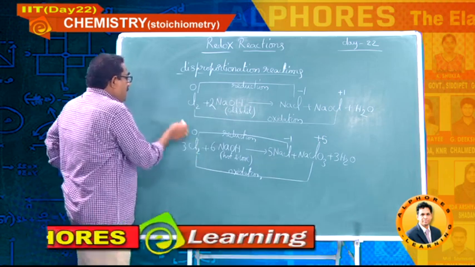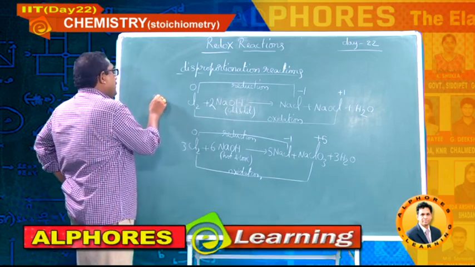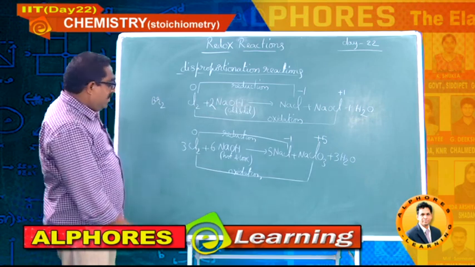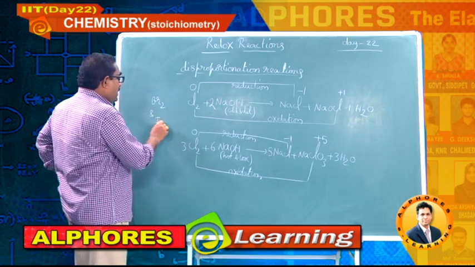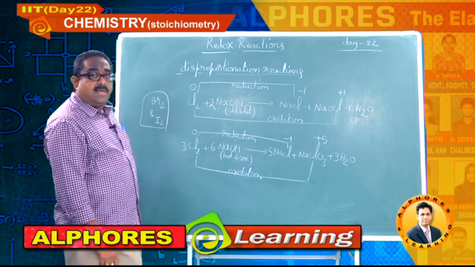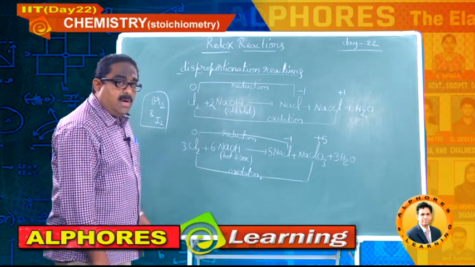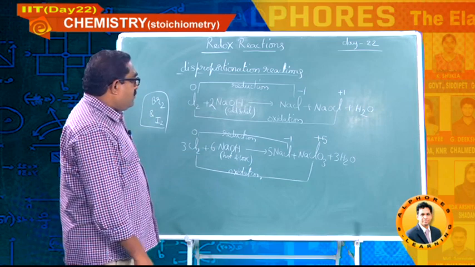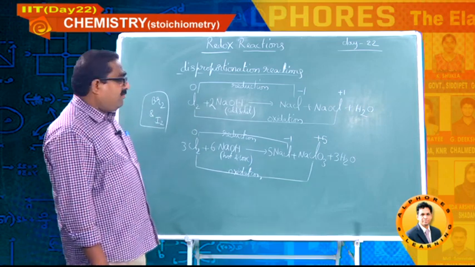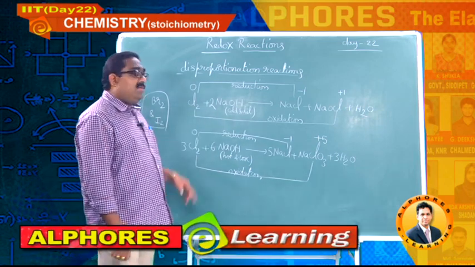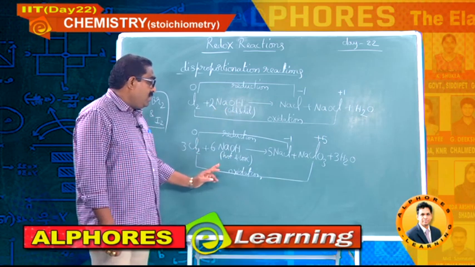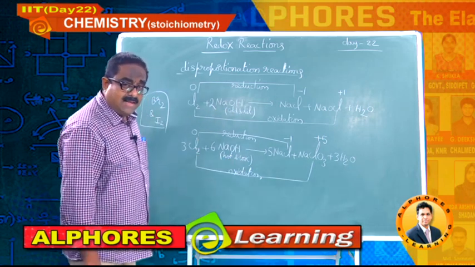Instead of chlorine, the similar reactions you can also write with bromine as well as iodine. All the three, chlorine, bromine, iodine, can give similar type of reactions in different conditions, that is cold and dilute, and hot and concentrated conditions.